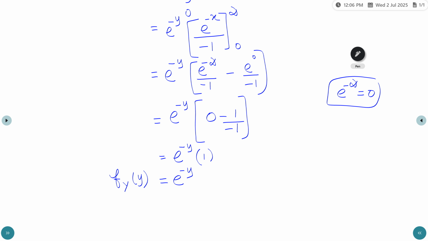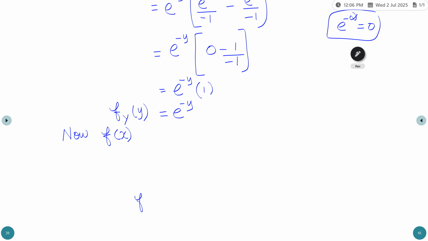Now the question is, are X and Y independent? So if X and Y are independent, we need to check one condition, that f of x comma y equals f of x into f of y.